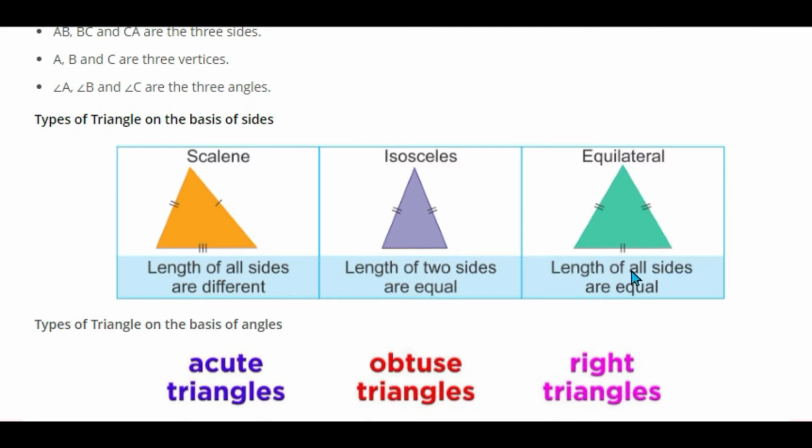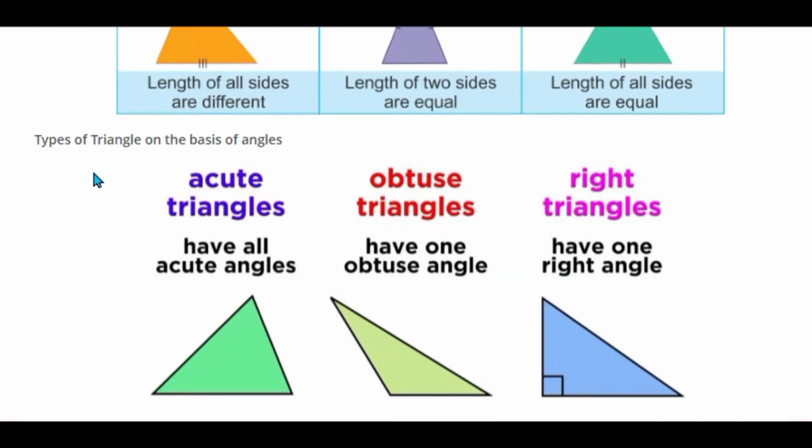Now let's see the types of triangles on the basis of angles. Here we have acute triangles, obtuse triangles and right triangles. What are acute triangles? They have all acute angles, meaning the measure of every angle is less than 90 degrees.